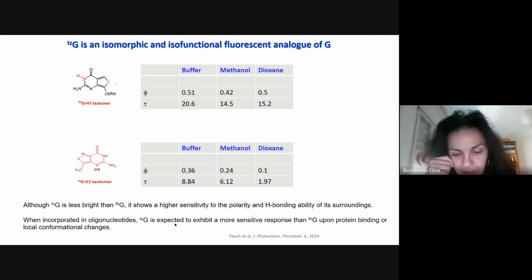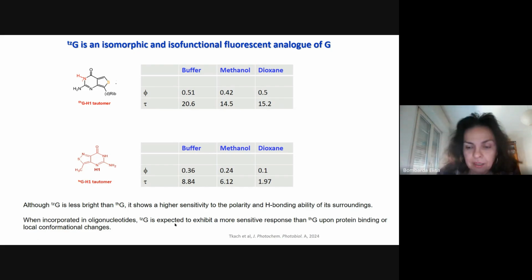In particular, we just recently succeeded in synthesizing the phosphoramidite of TCG, which, as we know, is essential if we want to make solid state synthesis of oligonucleotides.